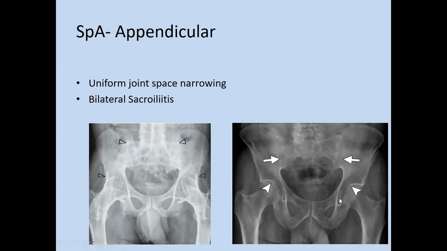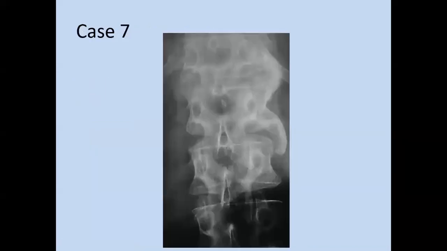If there is uniform joint space narrowing, it means there's also involvement of the appendicular skeleton. In this more advanced case, we see fusion of the sacroiliac joints and fusion of the hip joints as well. So that's part of the appendicular skeleton involvement in ankylosing spondylitis.